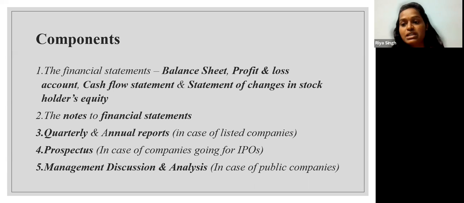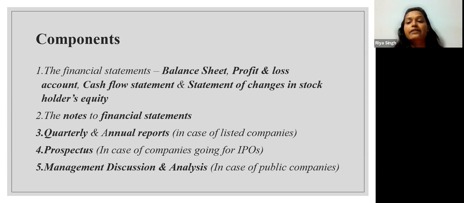Now, after the financial statement, we have to prepare notes to the financial statement, where you have to give detail on how these expenses or transactions have happened. Then quarterly and annual reports, then prospectus: the quarterly and annual report in case of a listed company, and prospectus in case of companies going for IPOs, and management discussion and analysis in case of public companies.